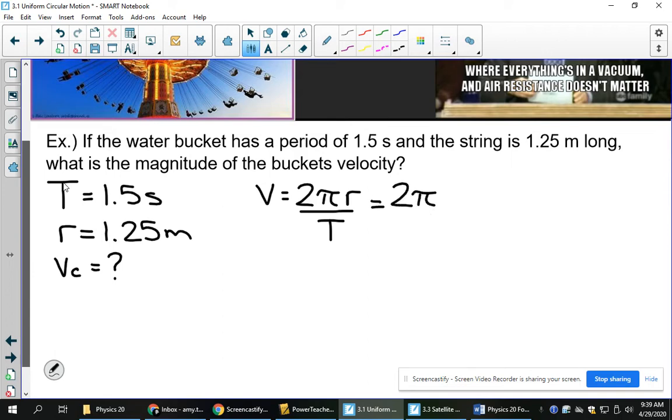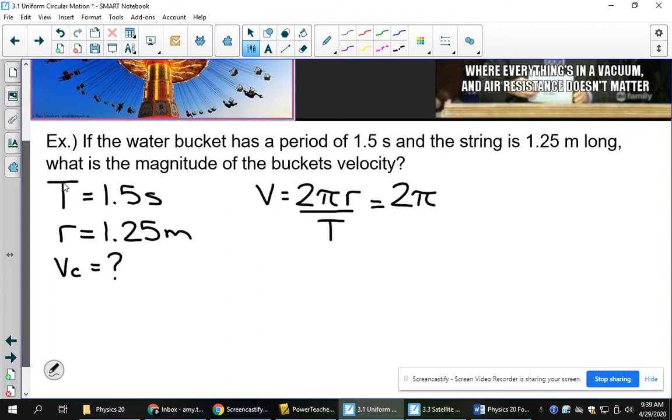Now, never write pi as 3.14. It is not 3.14. Pi is an irrational number that goes on forever. It never ends. It has an infinite number of decimal points. You have a button on your calculator that will do all of the decimal points of pi, and you need to be using that, not 3.14.